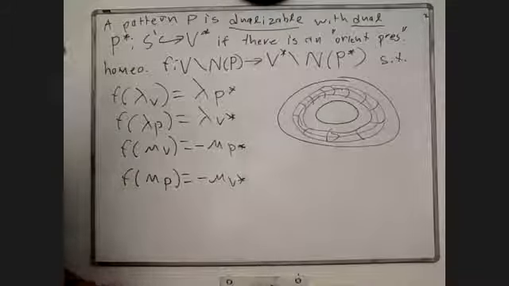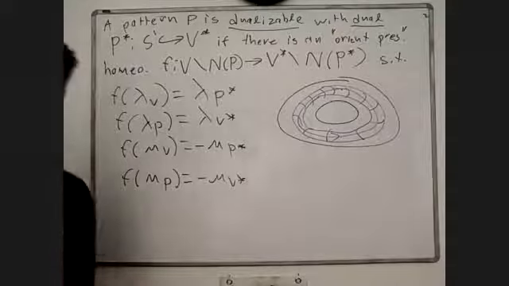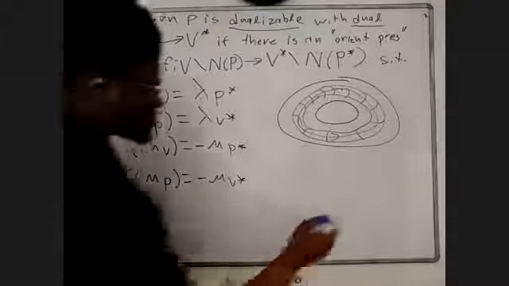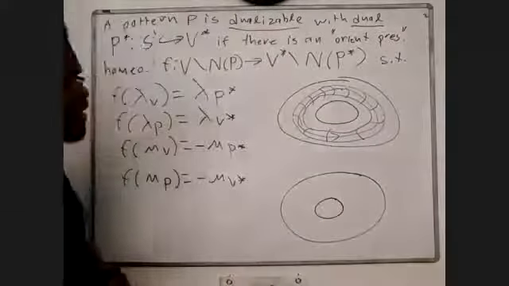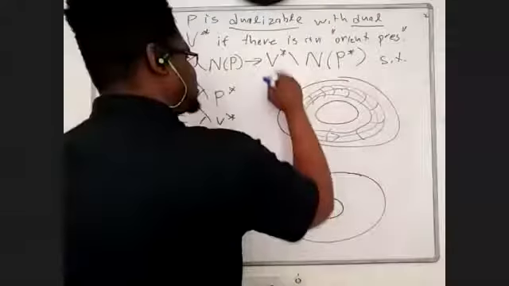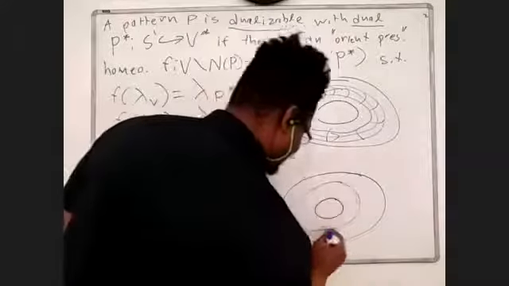So let's draw the dual on the bottom. So this is P dual, which is also a knot.